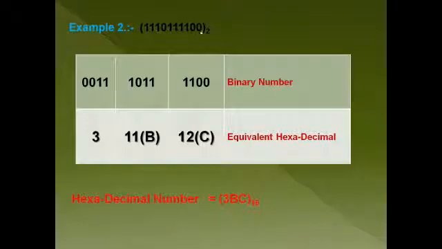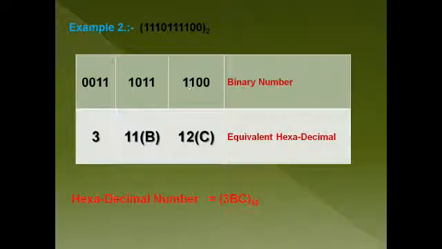Second example, make 4 bit groups. After the 4 bits, now only two numbers are left, so in 4 bits we want to add 2 zeros here, so that we will write 1 1 0 0 from the left side.